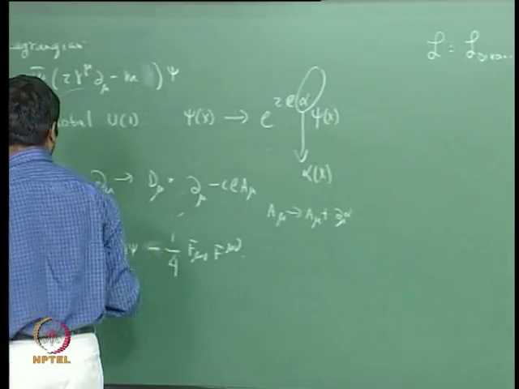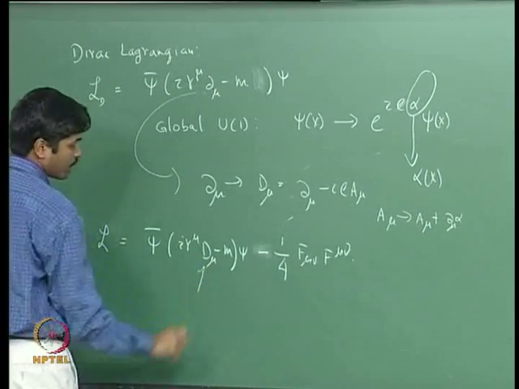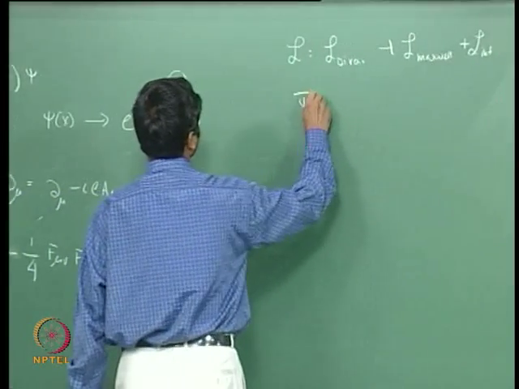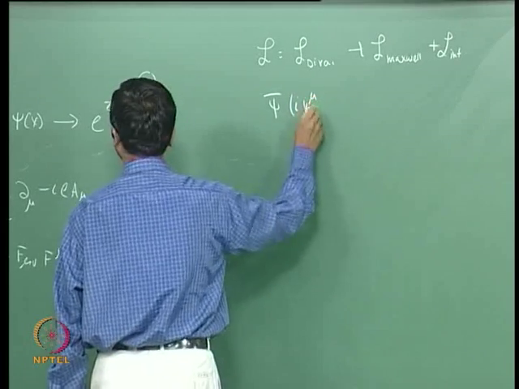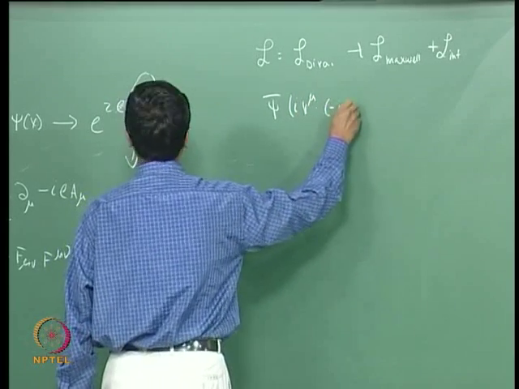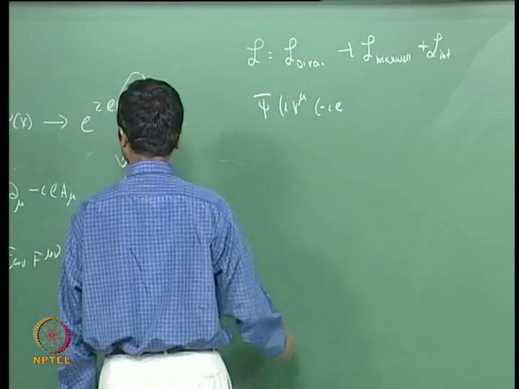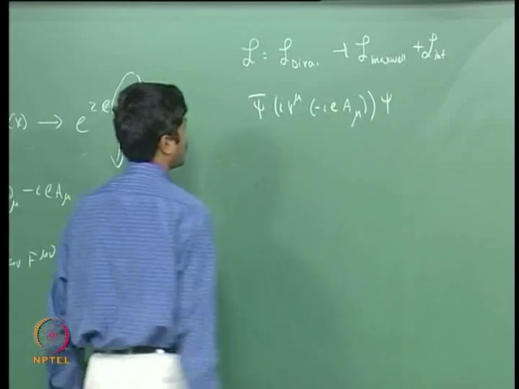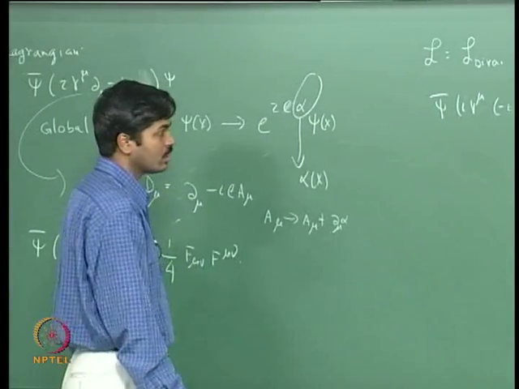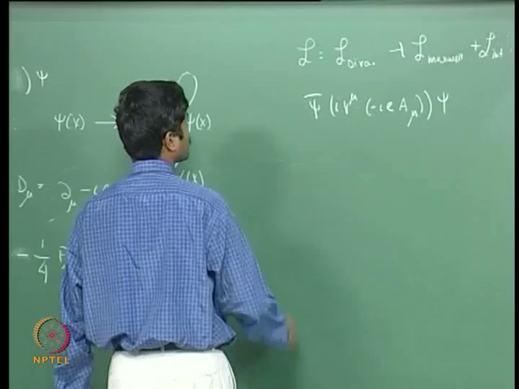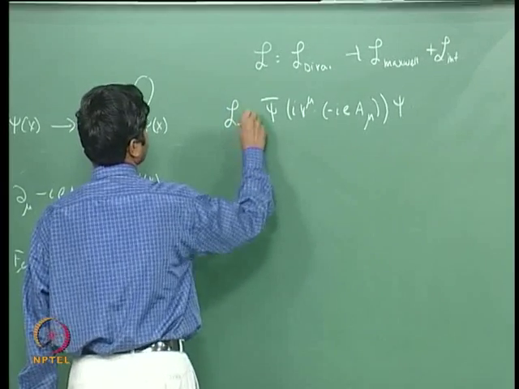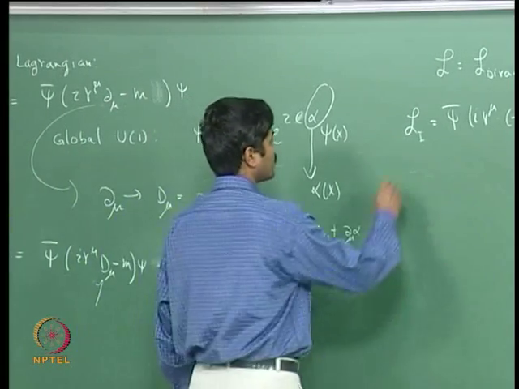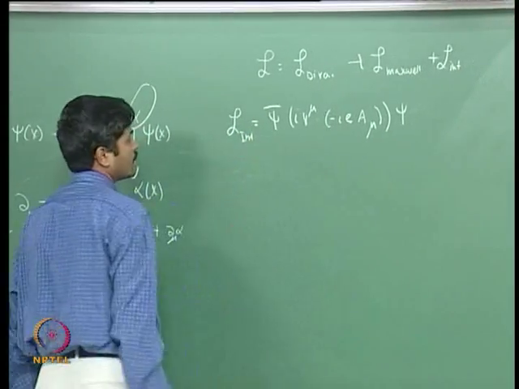The interacting part of the Lagrangian is determined from this term here, and this is given by ψ̄ iγ^μ times (−ieA_μ) ψ. So L_interacting has this form.